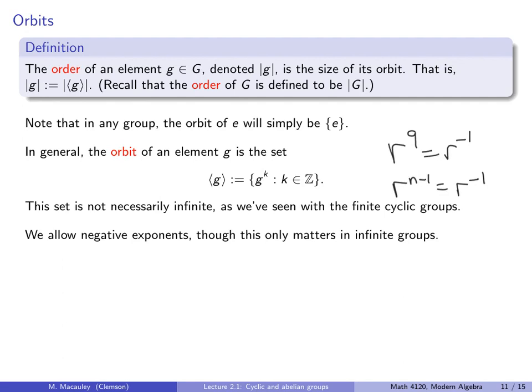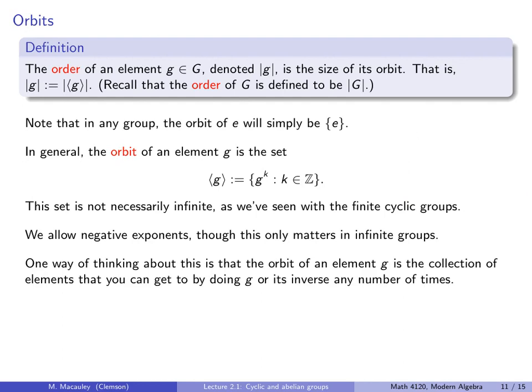In other words, rotating one direction n minus 1 times is the inverse of rotating the other direction. Because notice, if I multiply either of these things by r, I just get r to the n, which is the identity. In other words, this times r is this times r, that is r to the 0, and that is r to the n. Both of those are the identity.